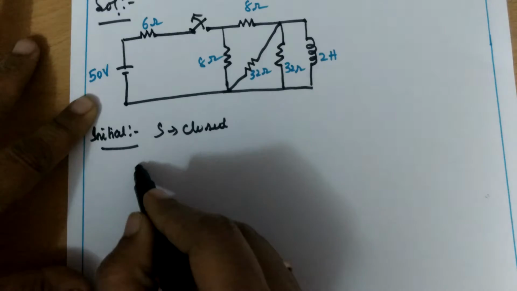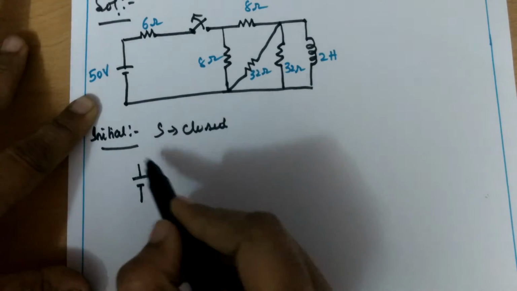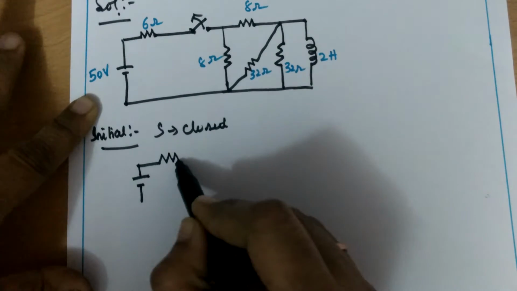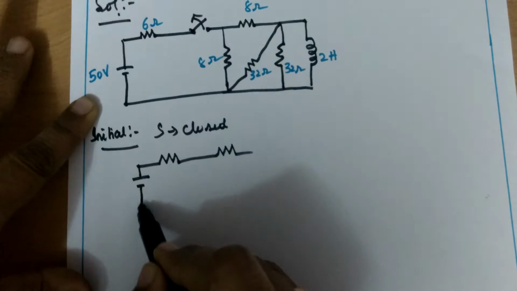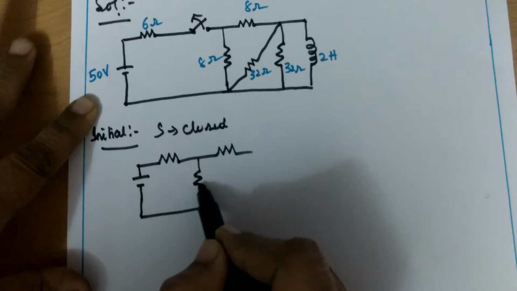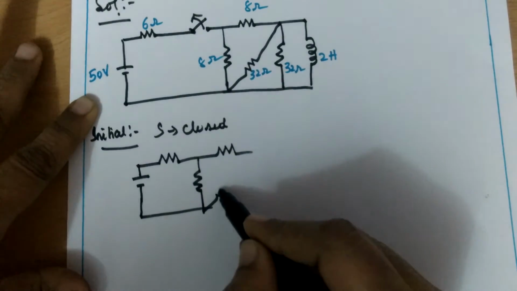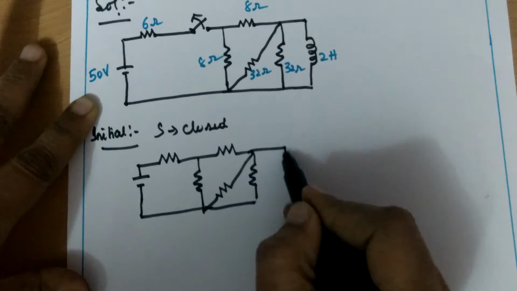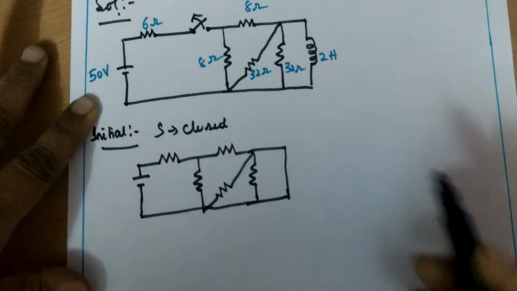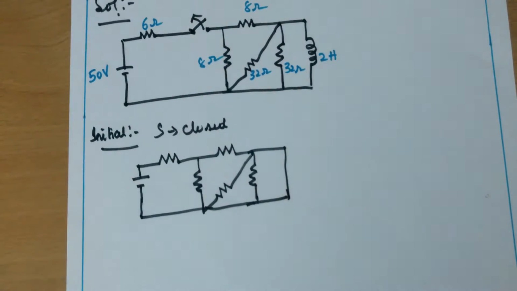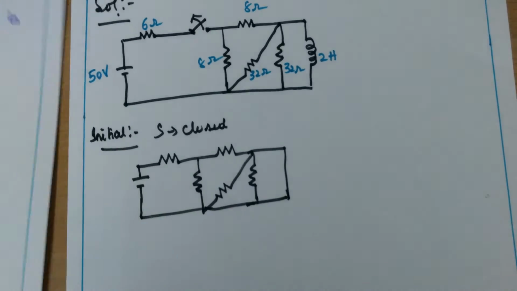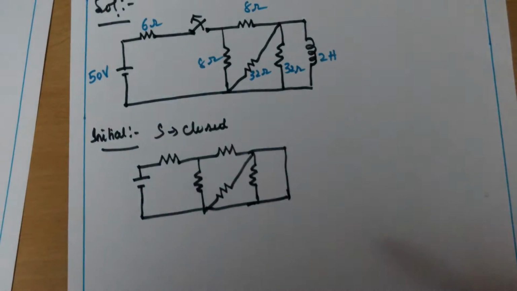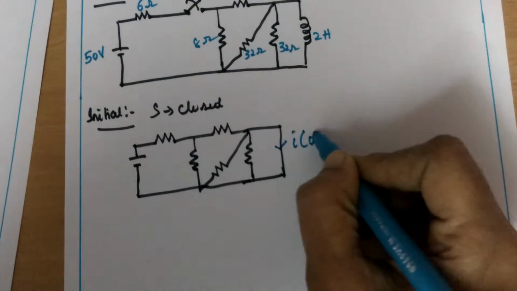Let me draw the circuit again. The switch is closed. So 6 ohms, here 8 ohms, and this one is a resistance like this. This inductor is short circuited now. So now this is I of 0 minus.